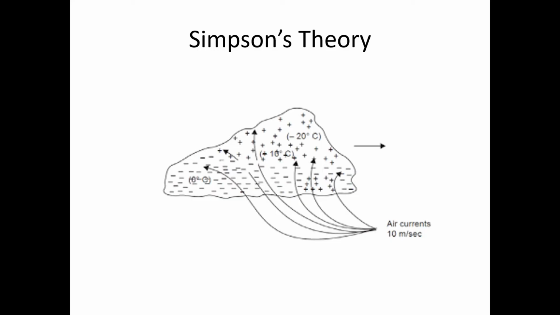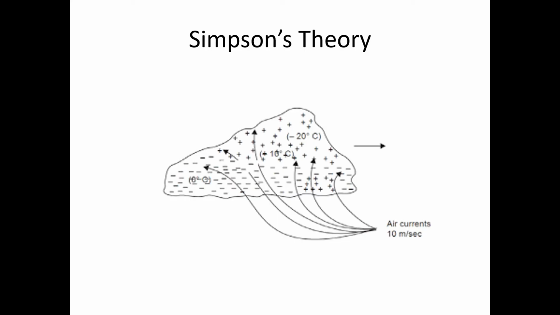So the raindrops will be in the form of ice crystals, and these ice crystals will have a negative charge. So according to Simpson's theory, the lowest part, region A, is positively charged, region B is negatively charged, and then region C is negatively charged.